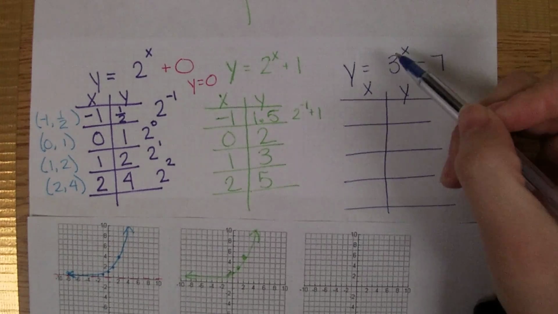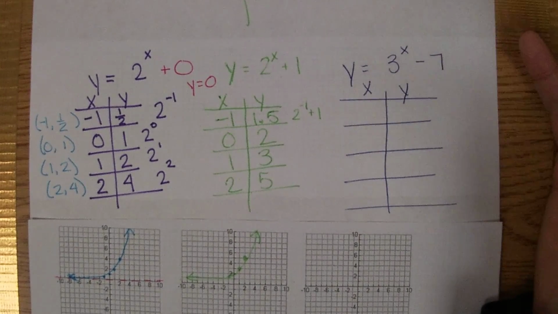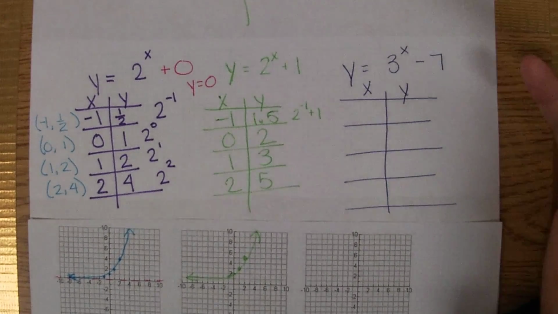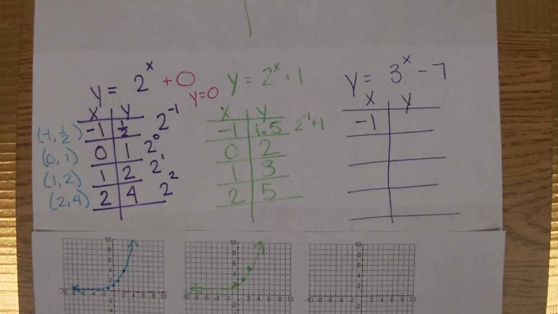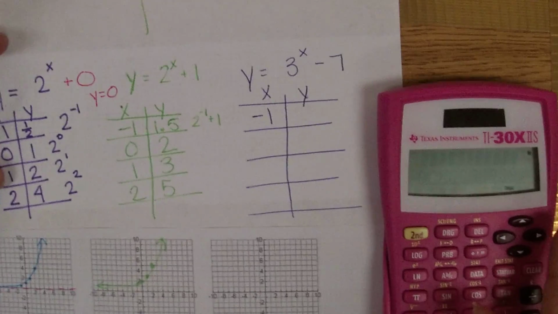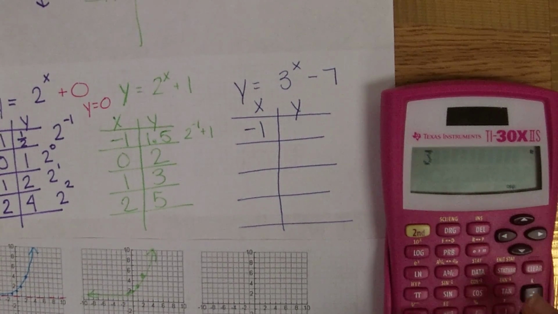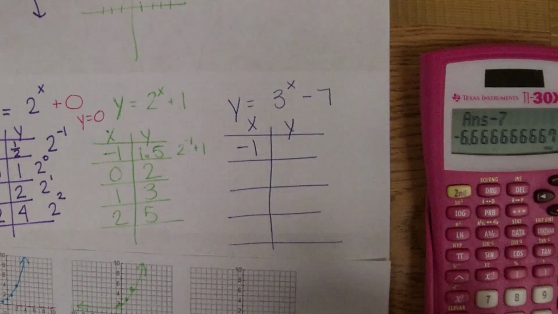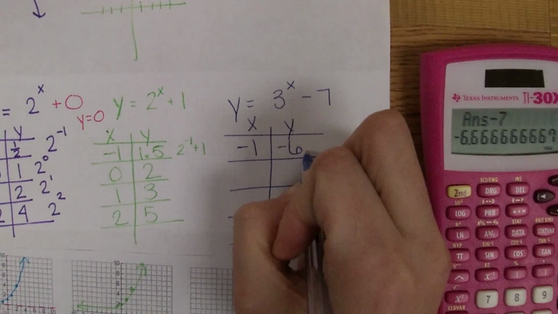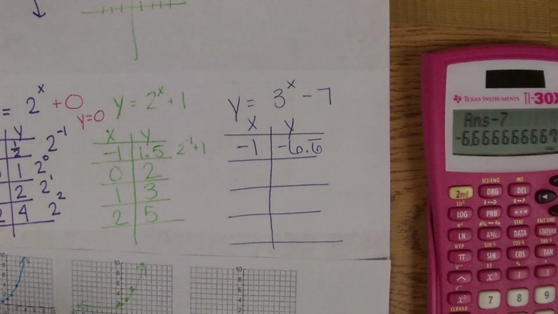Okay, if I start plugging in -1, I know that's going to make it 1/3. That can start to get a little bit tricky to plot, but it really doesn't matter. If we're using our calculator, if that's what you would prefer to do, subtract off. So I'm going to get -6.6 repeating, or -6 2/3.